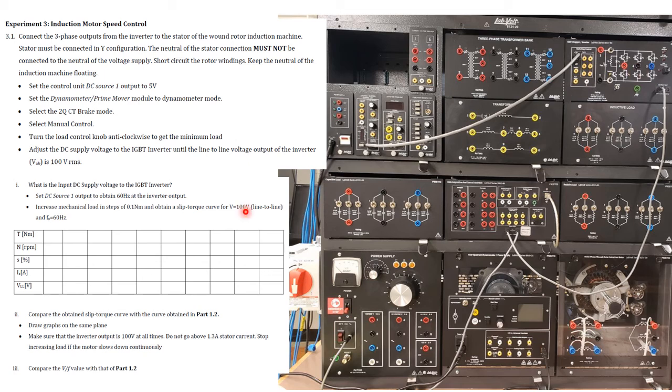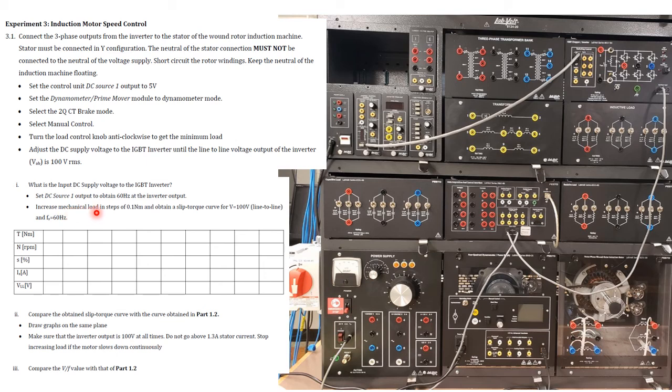Then the question says, change this voltage using this to obtain 60 Hertz. You should increase or decrease it until the frequency reaches 60 Hertz. This 60 Hertz is not constant, it's going slowly up and down. That's fine.